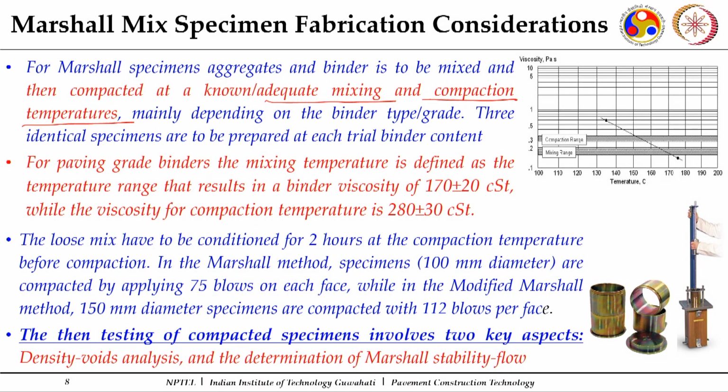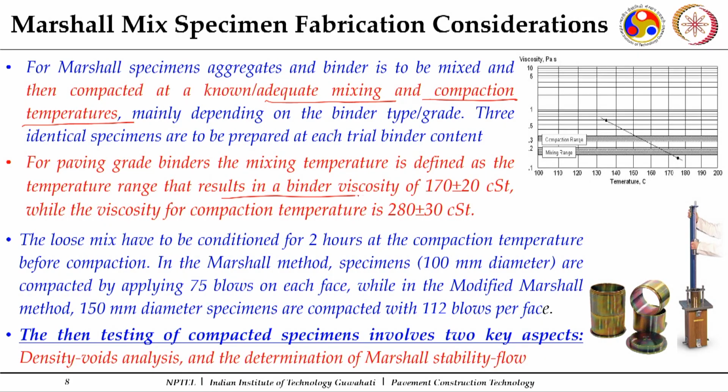For most of the paving grade binders, extensive research has been done, and if you are using a paving grade binder to produce bituminous mixes, then the two viscosities recommended for mixing and compaction temperatures are, it says that the mixing temperature should be the one which gives a viscosity in the range of 170 plus minus 20 centistokes.